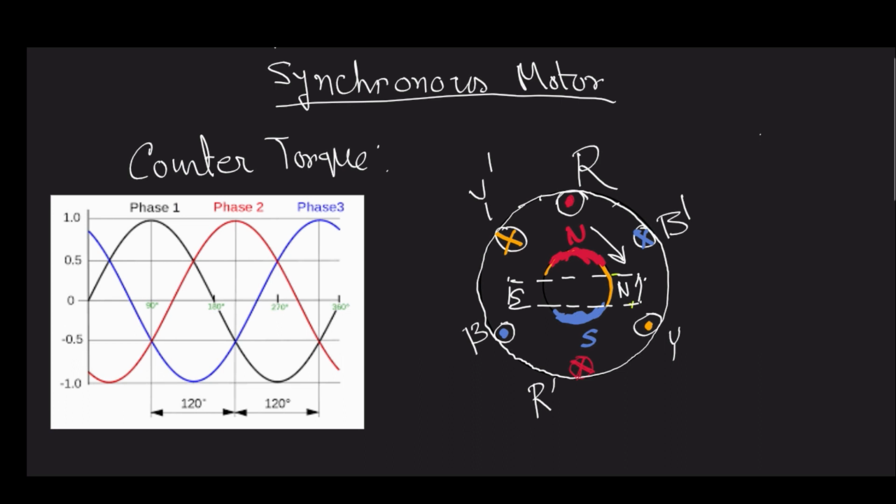And let us assume that a pure resistive load is connected with the armature circuit, and therefore the armature current is in phase with the induced voltage. So this will be the reflection, with dot and cross there.